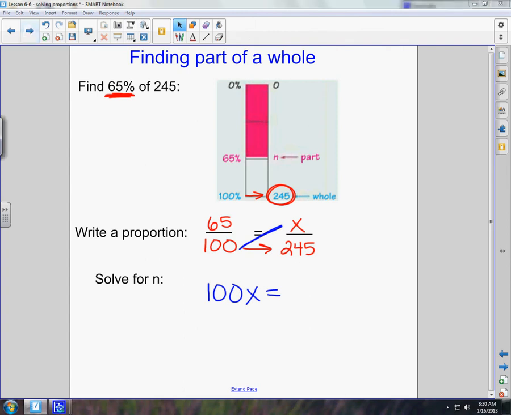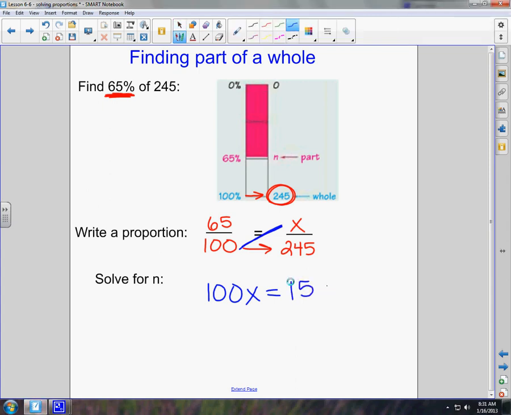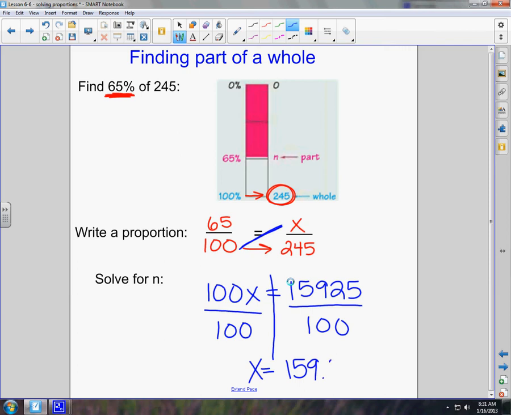Let me grab my calculator. 245 times 65 is 15,925. Then I draw my line and divide both sides by 100, and X equals 159.25.